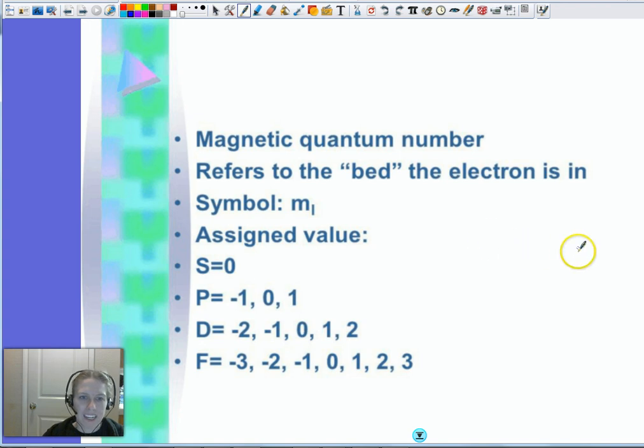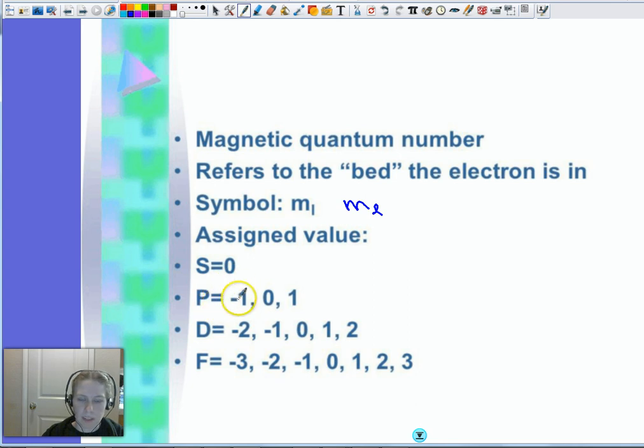Our magnetic quantum number refers to which bed the electron is in that hotel room on that floor. It has a symbol of m sub l, so you may see it more looking like that. An s orbital can only have a 0 as the number.